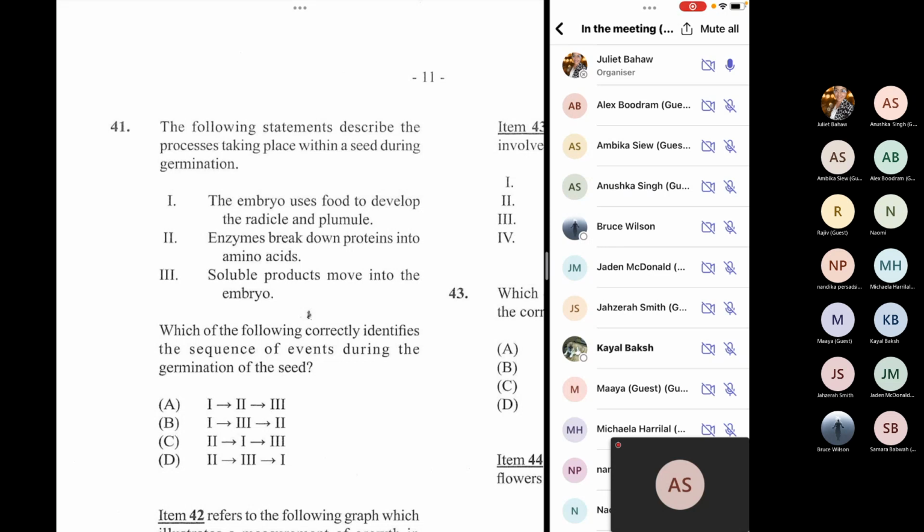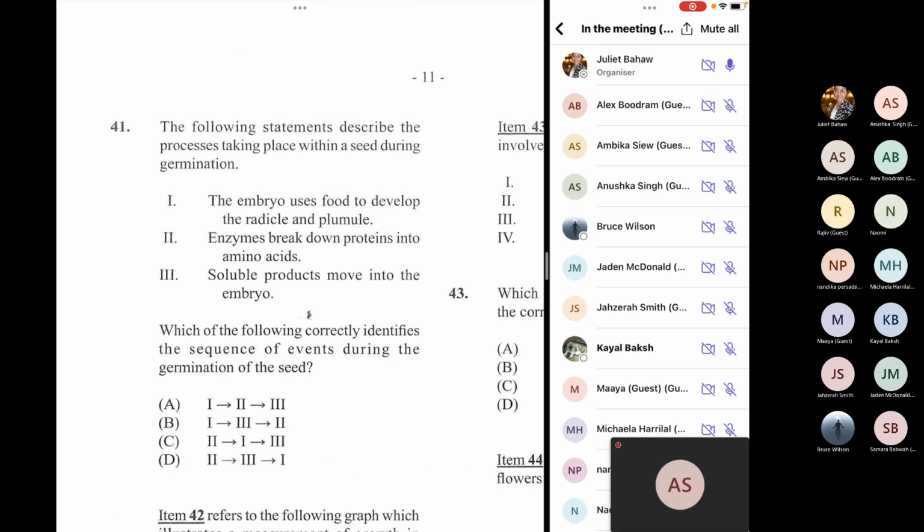So it's supposed to be, let me see. This one was funny, you know. D is C2. No, this is D for dog. Right? So it's soluble products move into the embryo.